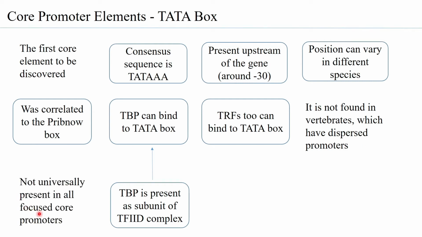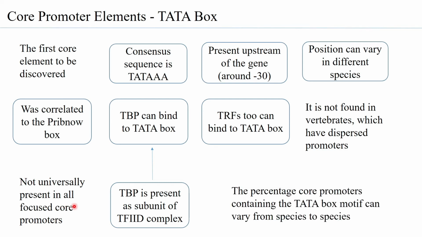Interesting again to note is that even within the focused core promoters, it is not necessary to have a TATA box present in the promoter region. So you cannot say that the TATA box is universally present in all focused core promoters. In fact, the percentage of core promoters that have a TATA box varies from species to species.